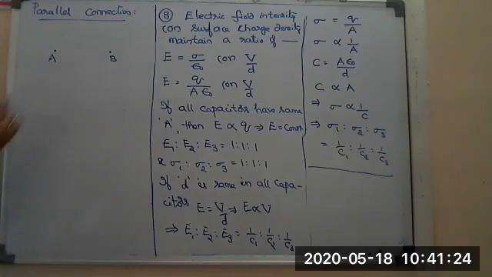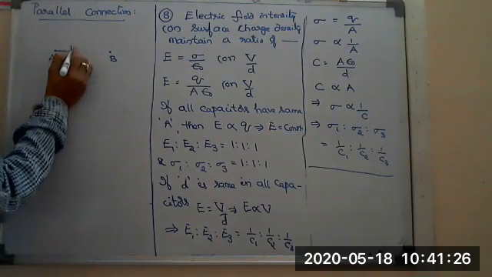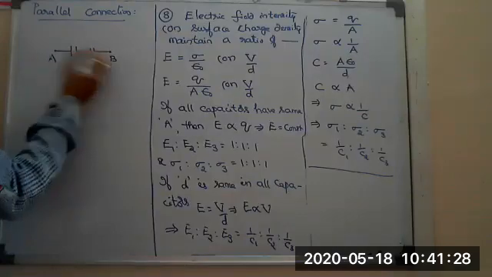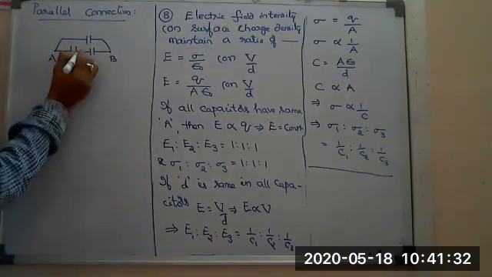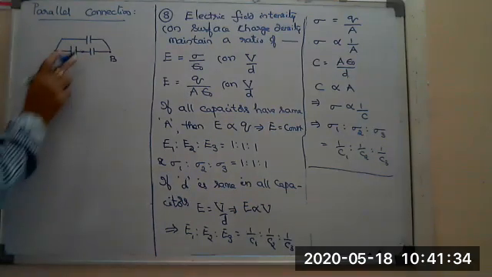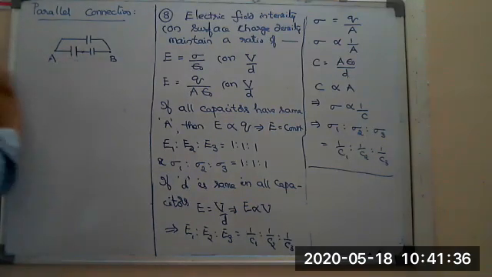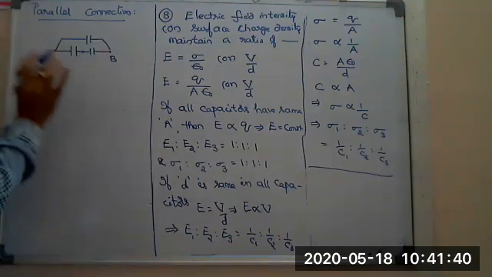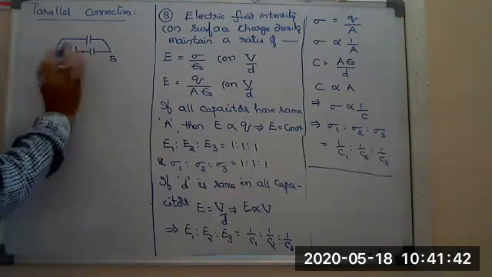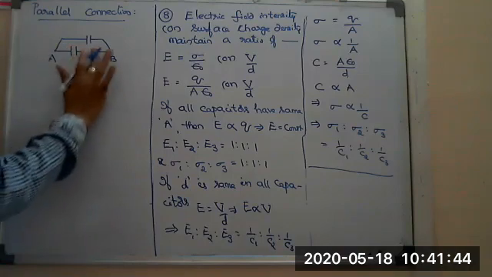That is very important. It means you should not connect the 3 capacitors like this. Why? Because you are creating an extra point here. This is wrong. This is not called all 3 connected in parallel.